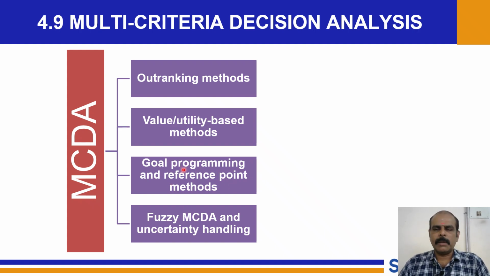Goal programming is an optimization-based technique. Students of mechanical and automation have already done problems related to goal programming. Fuzzy, MCDA and uncertainty handling: this is going to be an AI technique. Fuzzy logic is an AI technique, so fuzzy comes into the picture for the case of MCDA.